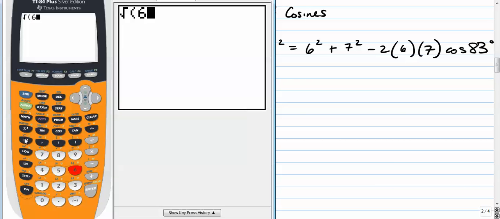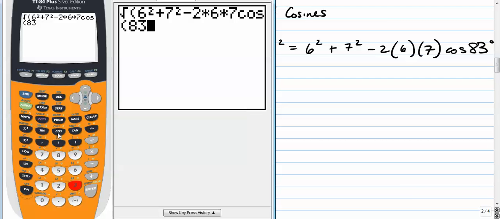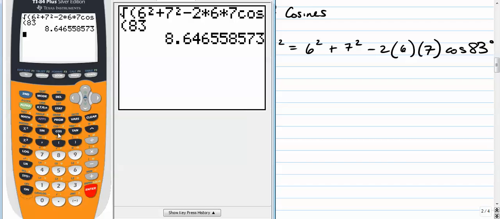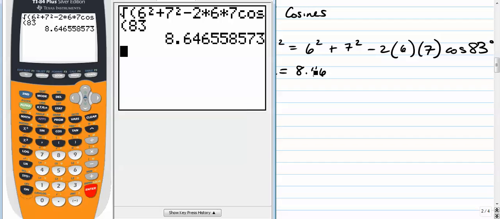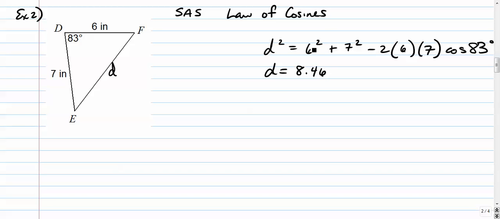And then I'm going to go 6 squared plus 7 squared minus 2 times 6 times 7 times cosine 83. Okay, I'm going to check to make sure that that's okay. Didn't make any mistakes, and I'm good. 8.647. So d is 8.647.